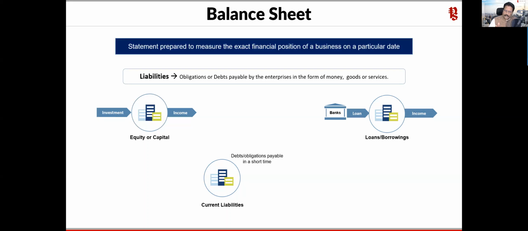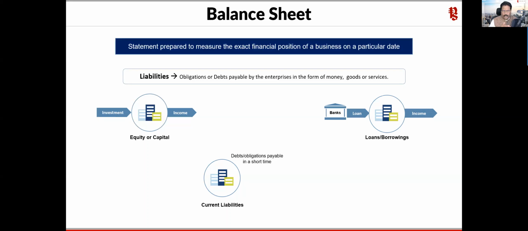Now these loans, generally the obligation to clear them spans over a period of multiple financial years. For example, you take a capital equipment loan. We basically call this a term loan, and the term loan generally extends to a period of maybe 3 to 7 years or 3 to 10 years.